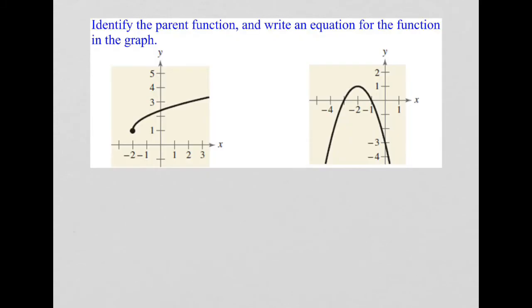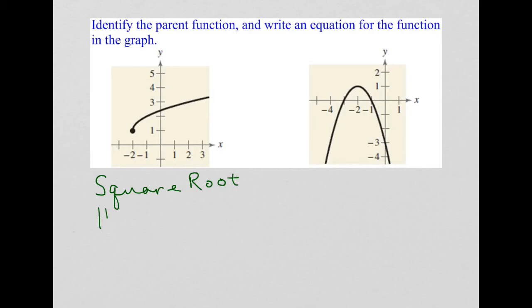Okay, we want to identify the parent graph and then write the equation for each function in the graph. Well, we know the parent function for the first one is a square root. Okay, we notice that we have 2 shifts.